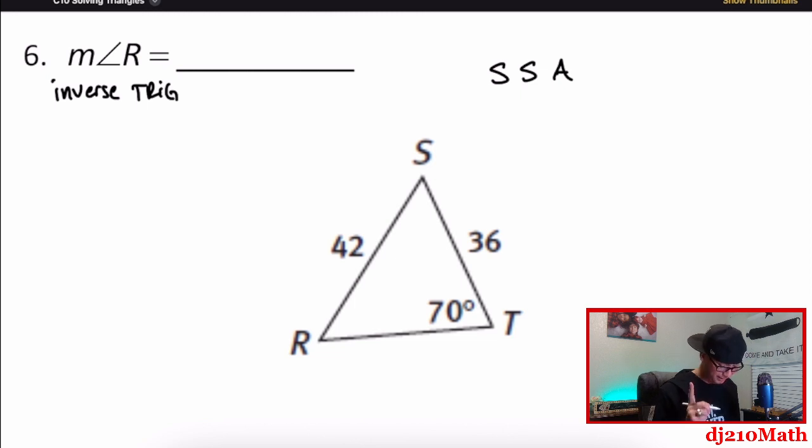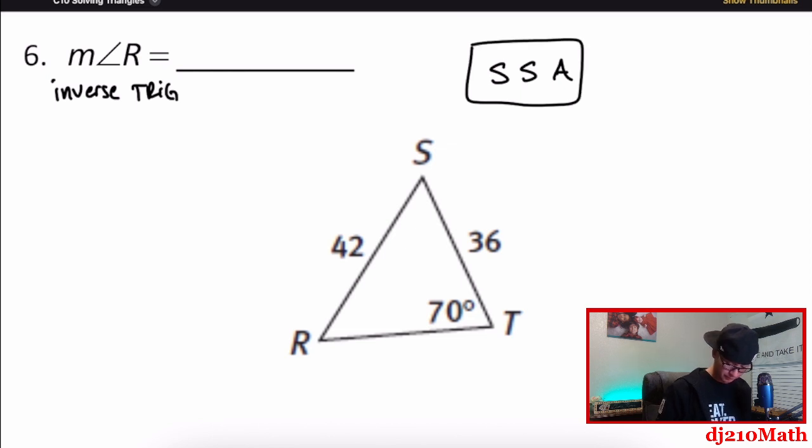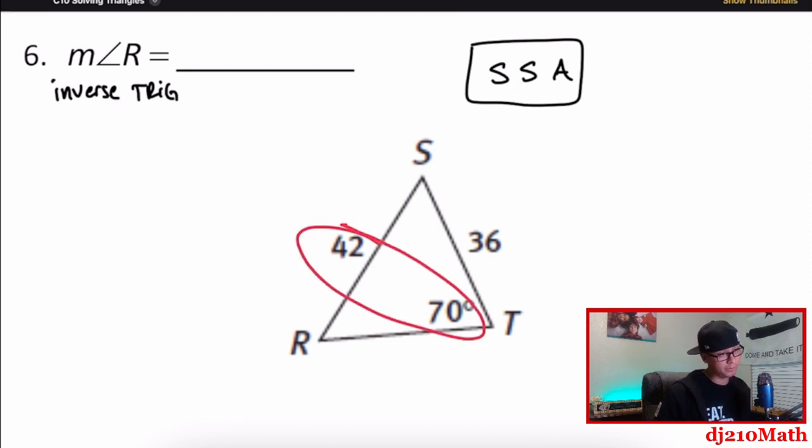Actually, we can figure this one out, because we know the angle and the side across from it. So sine 70 over 42, right? We know the angle and the side across from it.